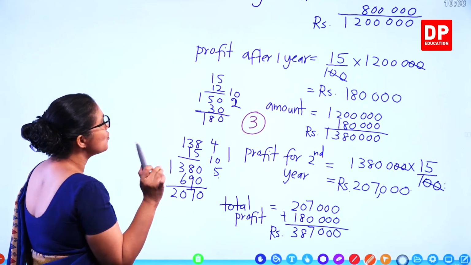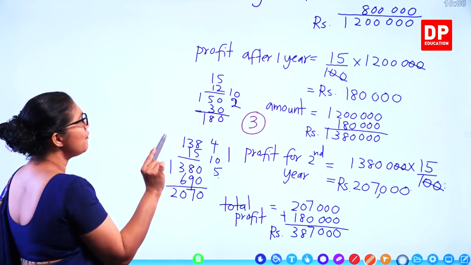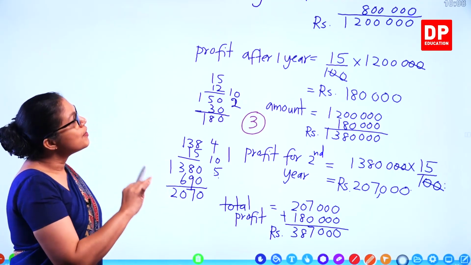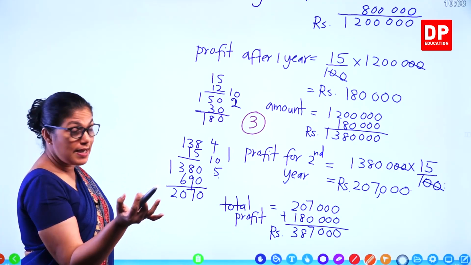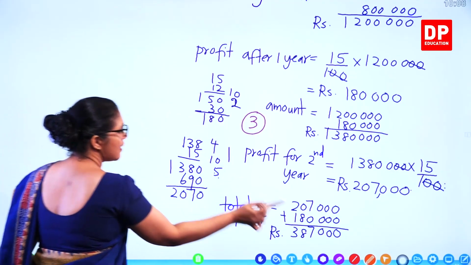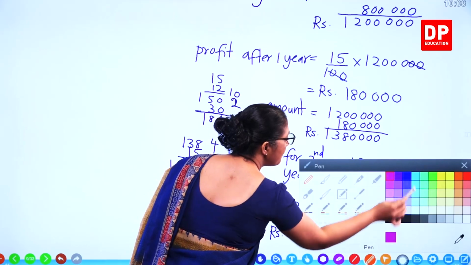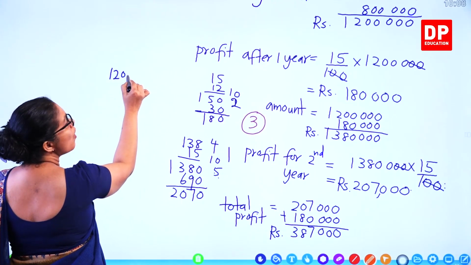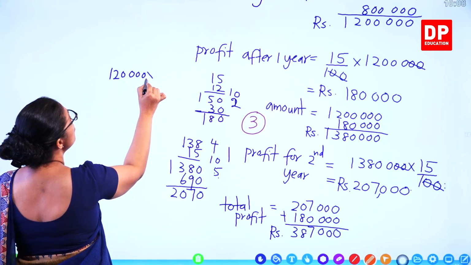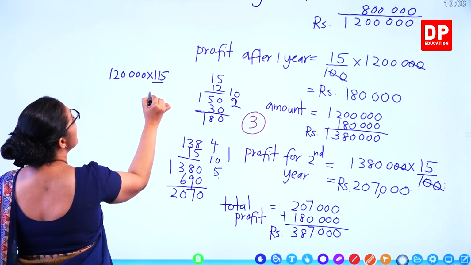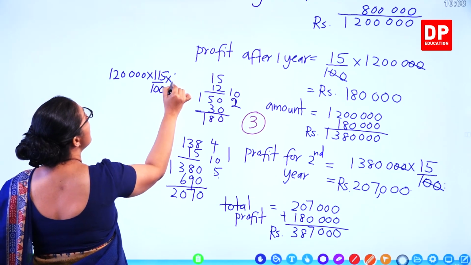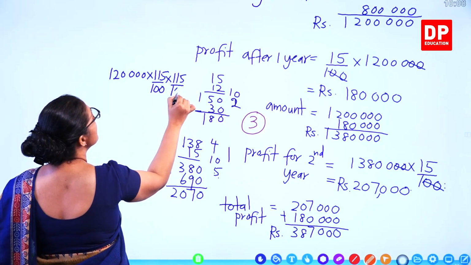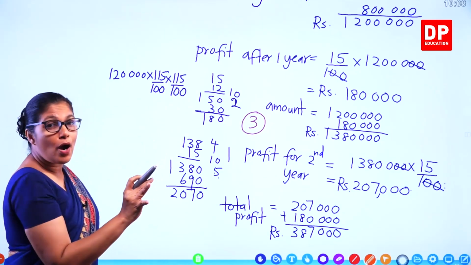Now what's the easiest way to do that without finding interest separately? You can do it this way as well. You can find the total amount after 2 years using this method. 1,200,000 rupees into 115 over 100 and again 115 over 100. That's the total amount.